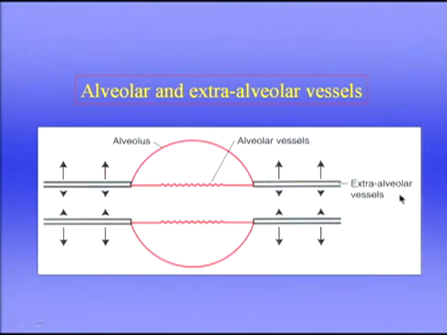So you can think of the caliber of the extra alveolar vessels as under dynamic conditions. You've got the expansion of the lung trying to pull them open, and you've got their intrinsic natural tendency to get smaller, and so that determines the caliber of these vessels. And as you might expect, and as we'll see in a moment, the extra alveolar vessels become larger, their caliber increases when we increase lung volume.